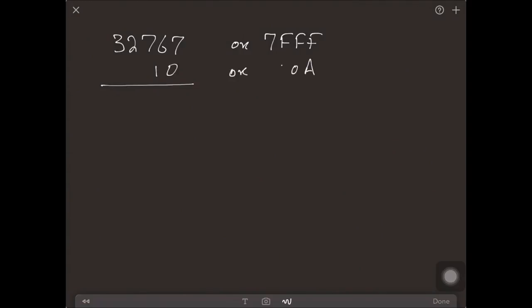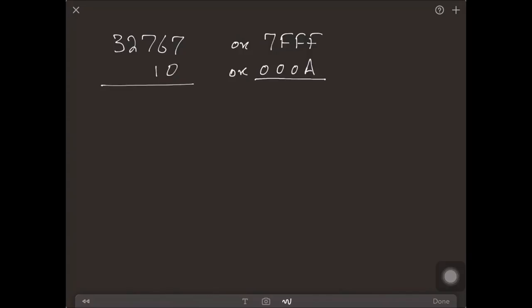We are going to add 32767 with 10, and both these numbers are represented in 16 bits. 32767 in 16 bits can be written in hex as 7FFF, and 10 can be written as 000A.